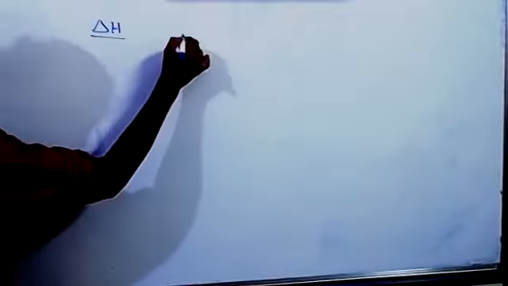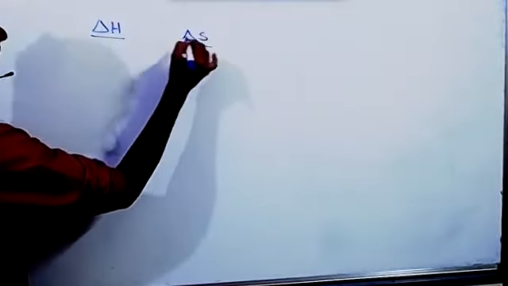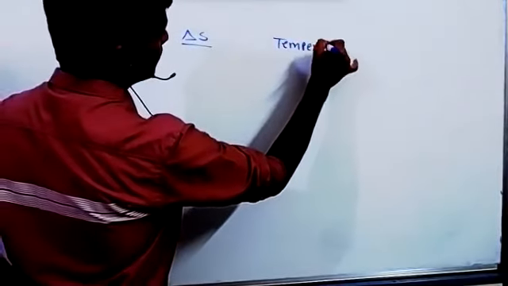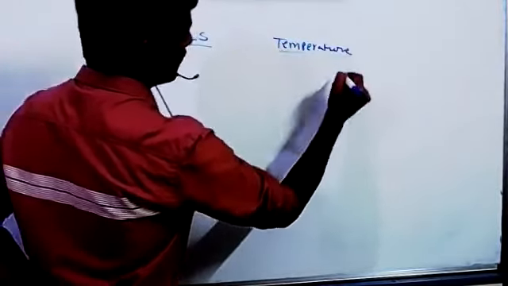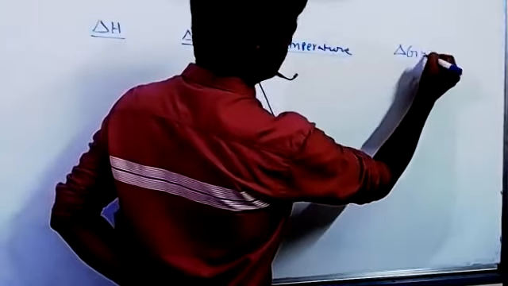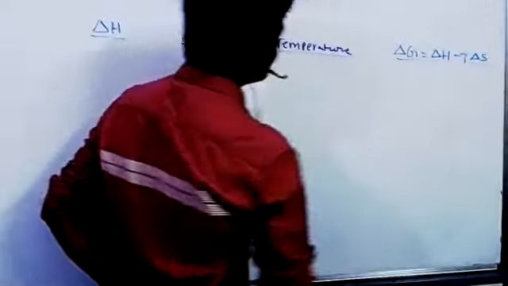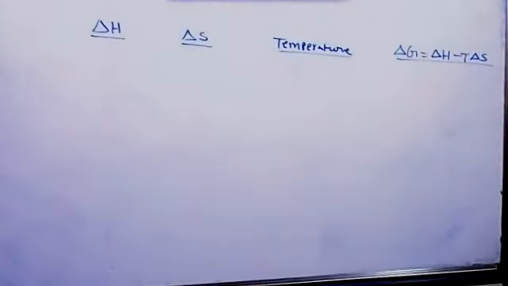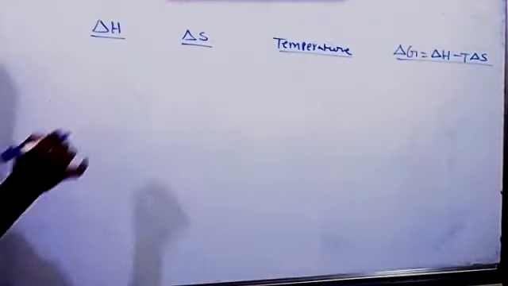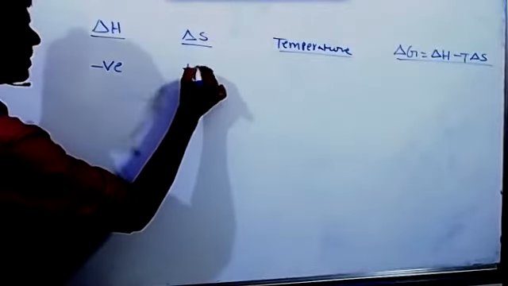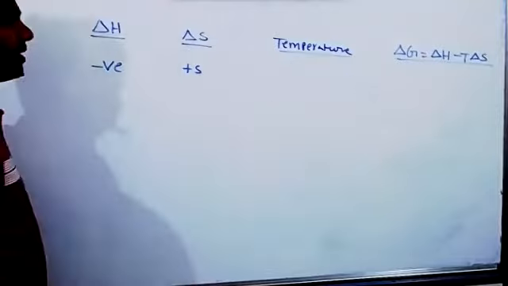Delta H value, delta S value, temperature, and delta G value. See, if delta H is negative and delta S is positive, substitute here.